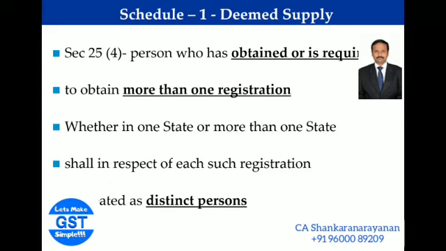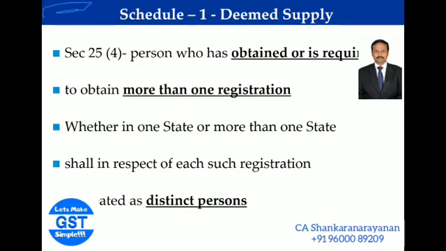Chennai to Madurai, the transaction is called distinct person, because whether you have obtained the registration on your own or whether the registration is mandated by the department to you to get, doesn't matter. In either of the cases, you have more than one registration, then every registration and the other registration of yours shall be deemed to be distinct persons.